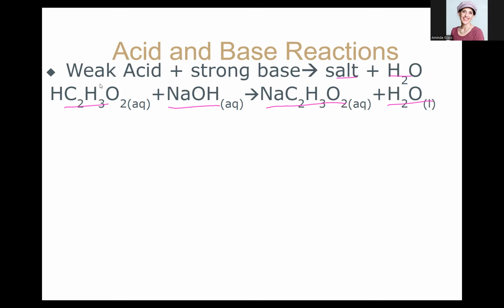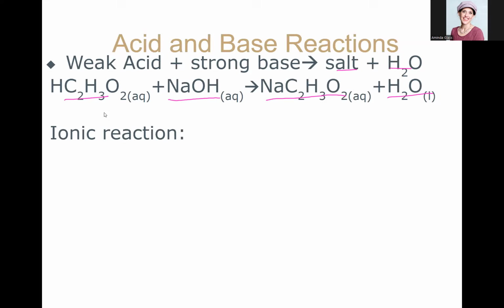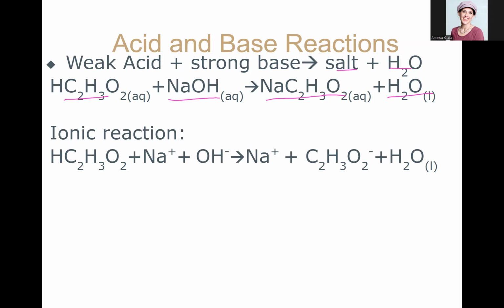Now, acetic acid is a weak acid. Sodium hydroxide is a very strong base. It's going to dissociate completely. Your weak acid won't dissociate completely.